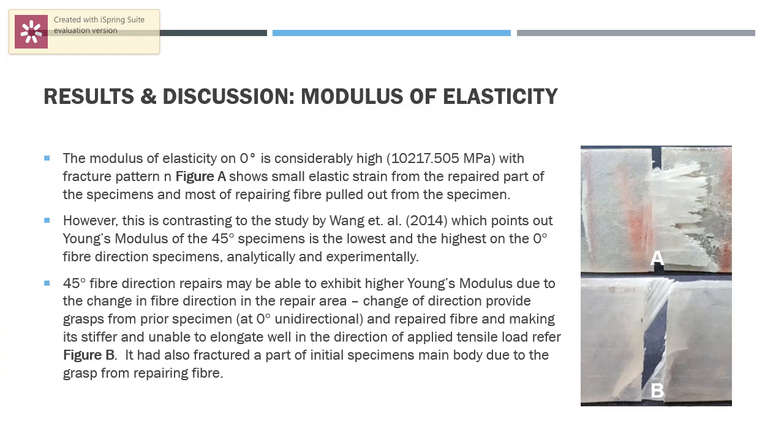The change of direction provides grafts between the prior 0-degree unidirectional specimen and the repair fiber, making it stiffer and unable to elongate well in the direction of the applied tensile load, as in figure B. It also fractured a part of the initial specimen main body due to the graft from the repairing fiber.